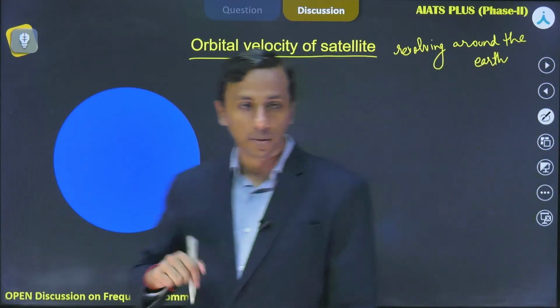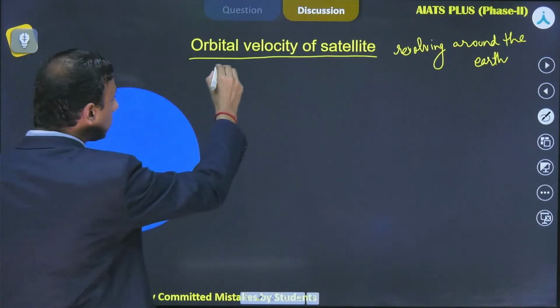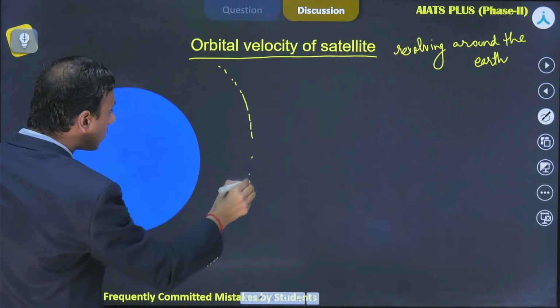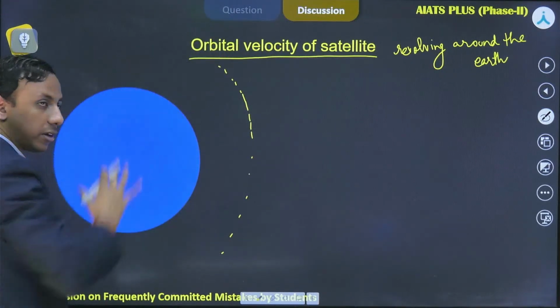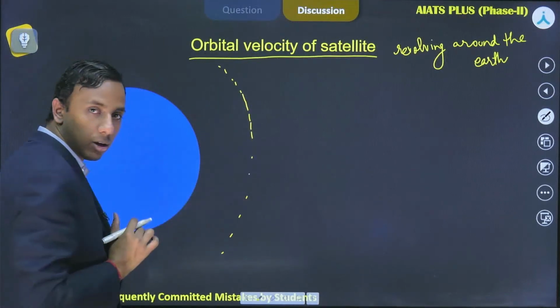Okay, it is revolving continuously. So let's say, for example, it is revolving in an orbit. Let's say this is the orbit, which is outside the scope of this board, so I have just drawn a small path of this orbit.